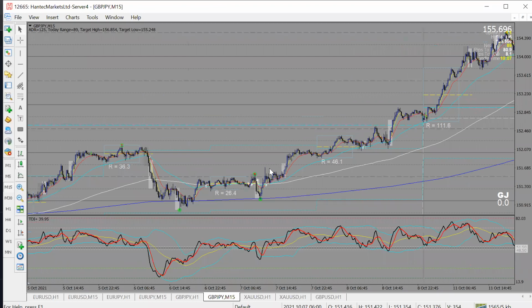Good. This one too is a very good example. You see how you had 1350 cross here. We had that 1350 cross.